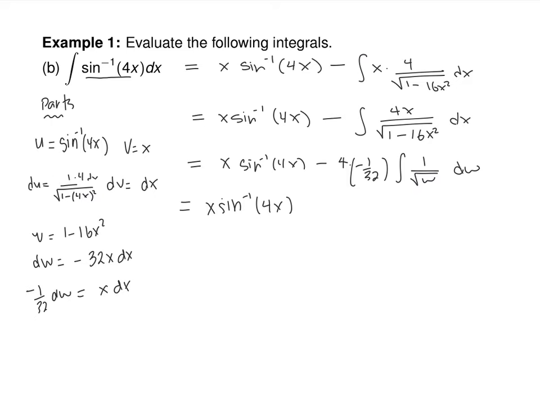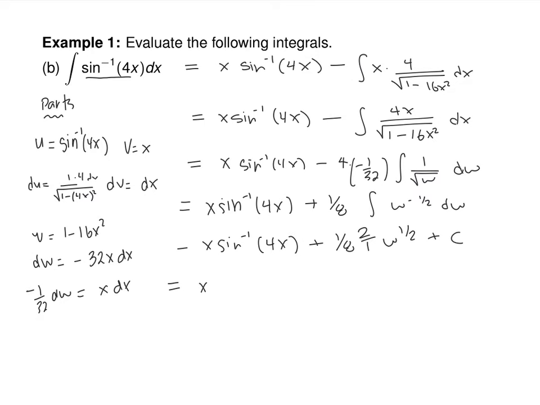So 4 over 32 is 1/8. This really is w to the power of negative 1/2. And the antiderivative of w to the negative 1/2 is w to the positive 1/2 times 2 over 1 plus c. And then just reduce the fractions and plug back in what w is.